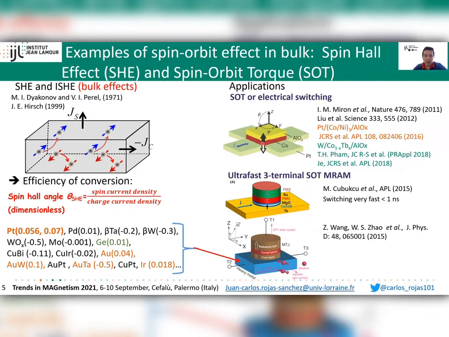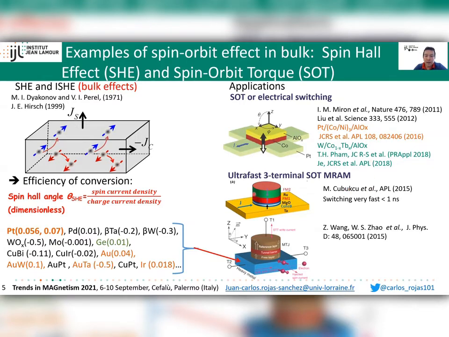That is what we now know as the spin orbit torque, because it is driven by the spin orbit effect of this material, platinum in this figure. Once again, with my coworkers, we have contributed with some studies, for example, in platinum cobalt nickel multilayers, and more recently tungsten cobalt terbium, that I will show in the next slides.